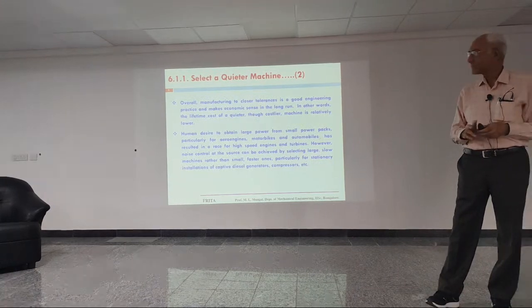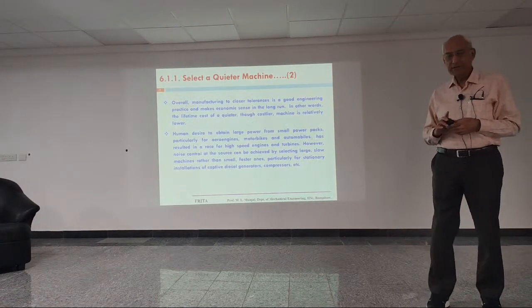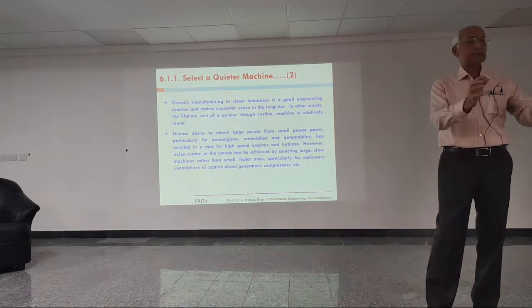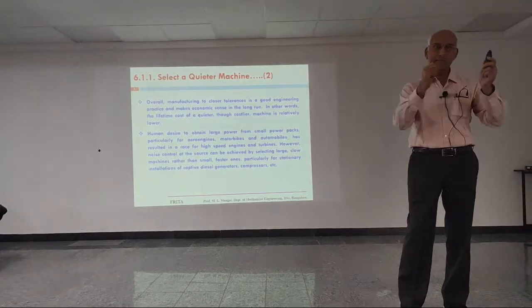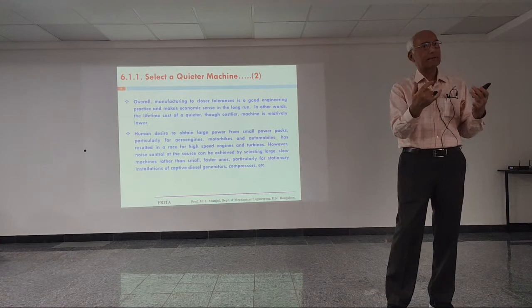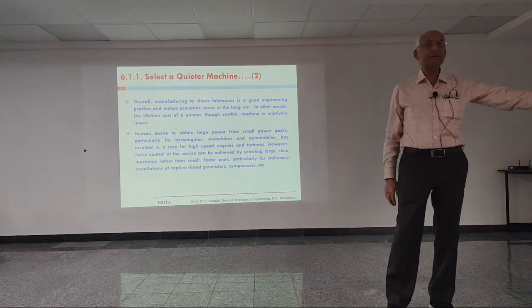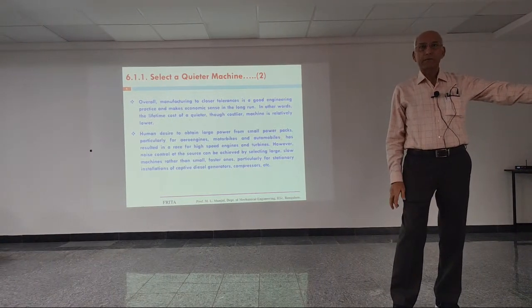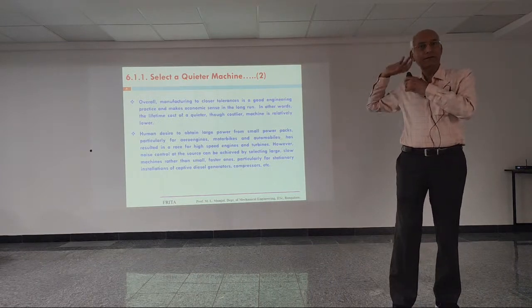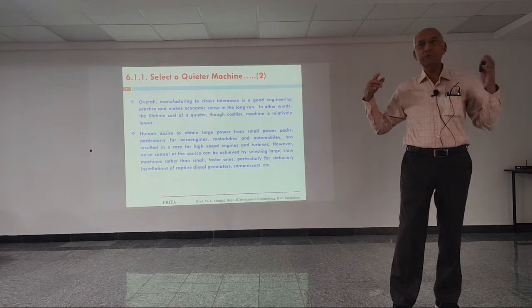Another thing I want to tell you here is that, okay, for mopeds, scooters, cars, etc., we want a small power pack, at the same time we want more power, fine. But every time even that is not there. For example, suppose I am putting a stationary compressor here, and that compressor is not running on the road, nothing at all. It doesn't have to run faster.